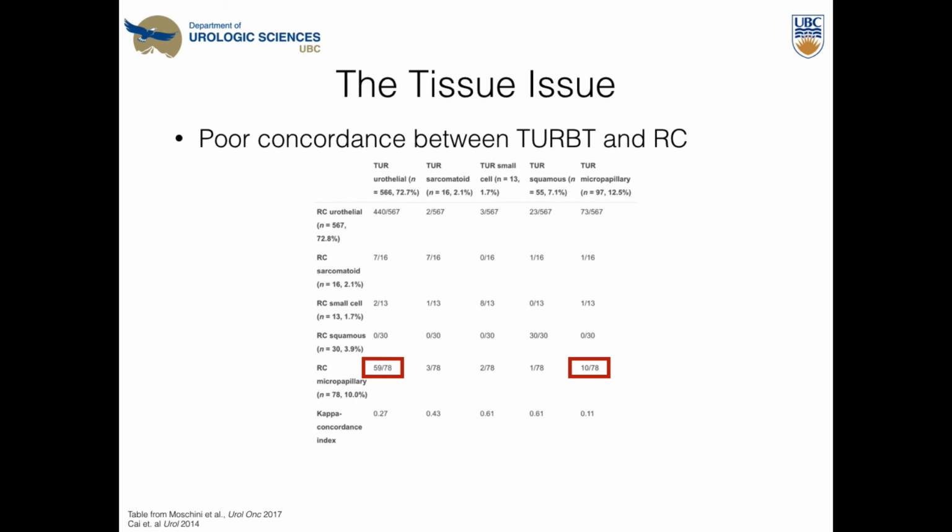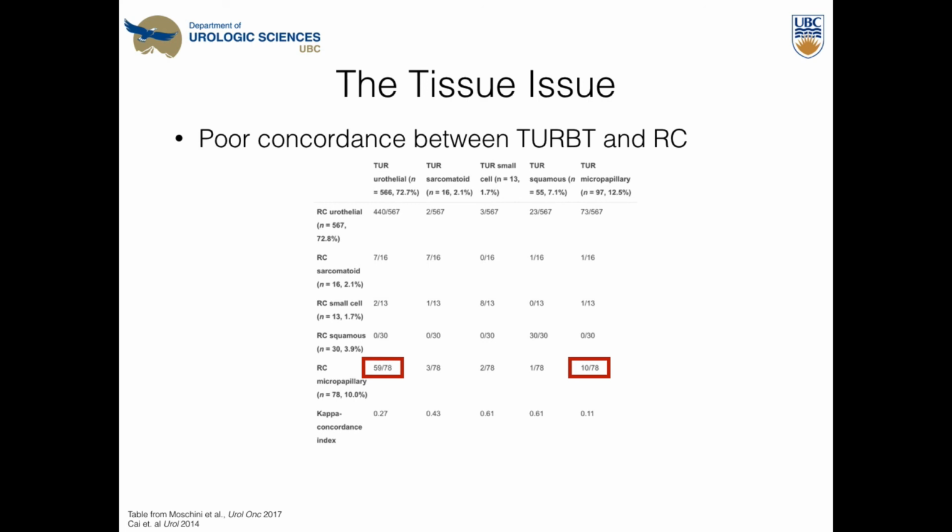The bottom row is the Kappa agreement index between TUR and cystectomy. It goes from moderate for things like small cell and squamous, moderate being 0.6 with 1 being perfect and 0 being no agreement. But agreement is relatively poor for subtypes like micropapillary disease at 0.1, and for diagnosing any sort of variant histology at all, agreement is about 0.3.